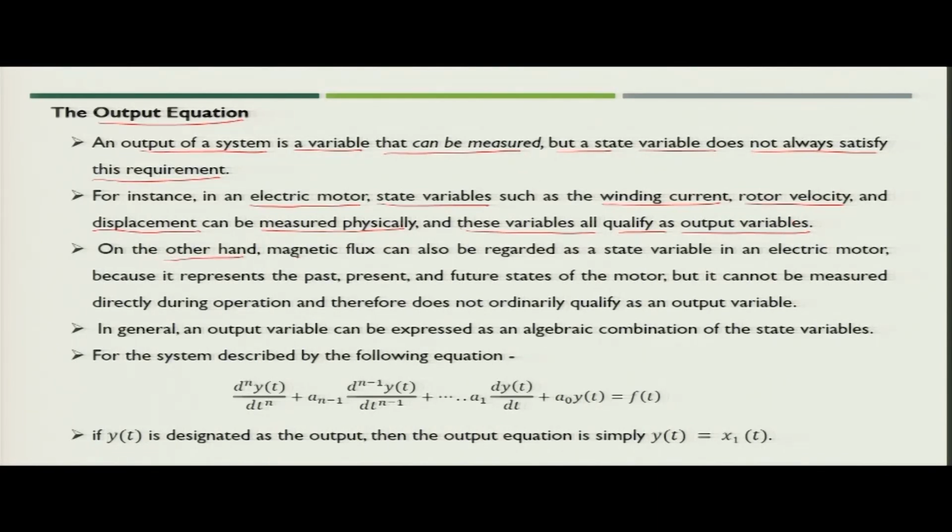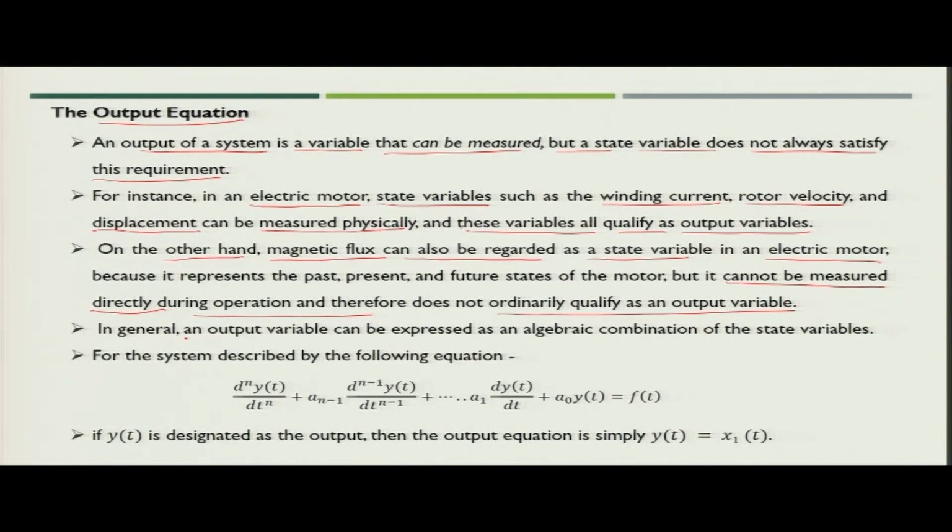On the other hand, if magnetic flux is also considered as a state variable in this electric motor, you cannot take the magnetic flux as an output variable, because you cannot measure the magnetic flux directly. That is why the magnetic flux does not qualify to be an output variable.